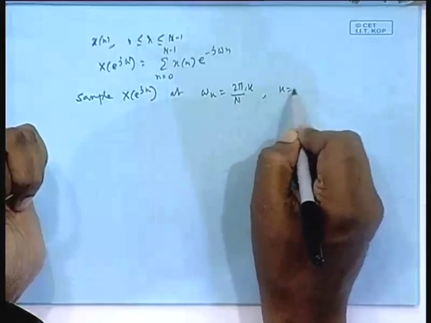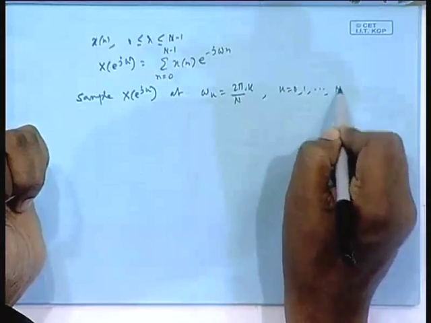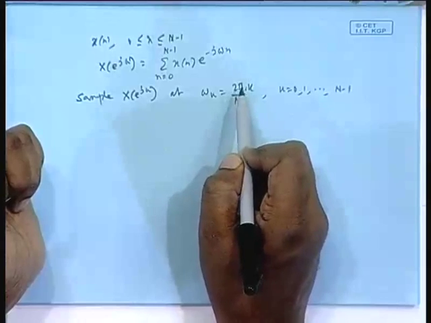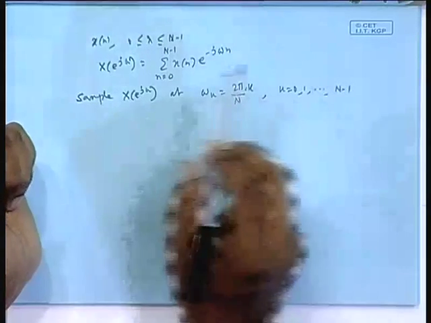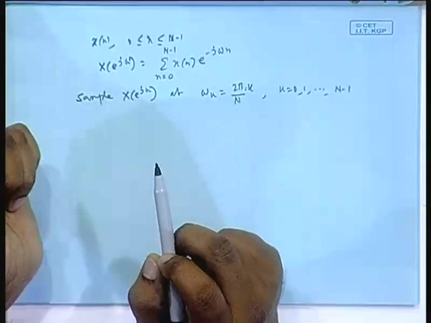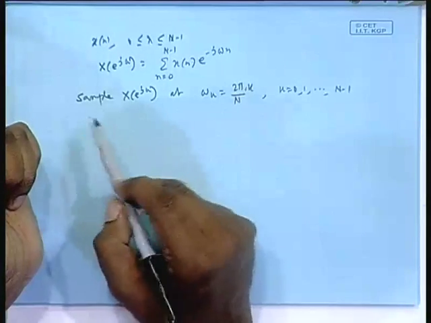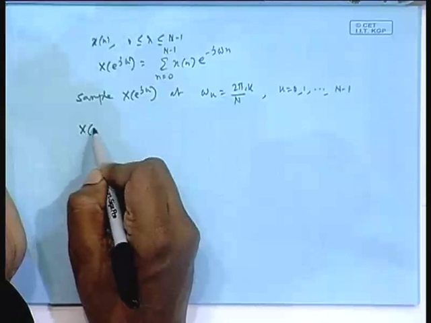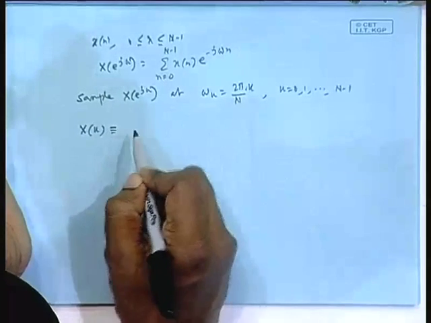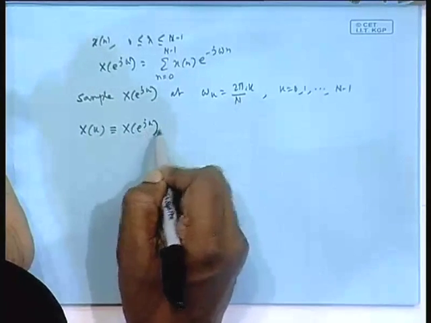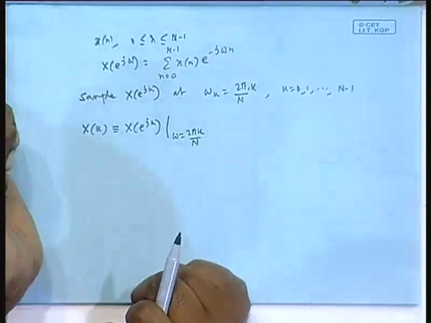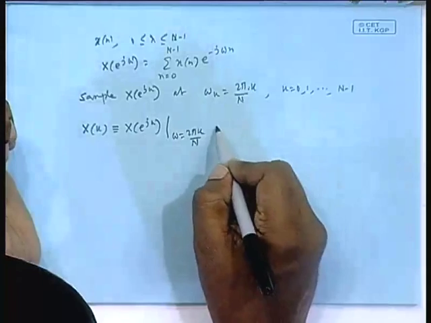k can be 0, 1, and so on. So you understand? 0, then 2 pi by N, then 4 pi by N, 6 pi by N, these are the points at which I will take the samples. The kth sample will be denoted simply by capital X within brackets k. It is nothing but this guy at omega equal to 2 pi k by N. This is then what?